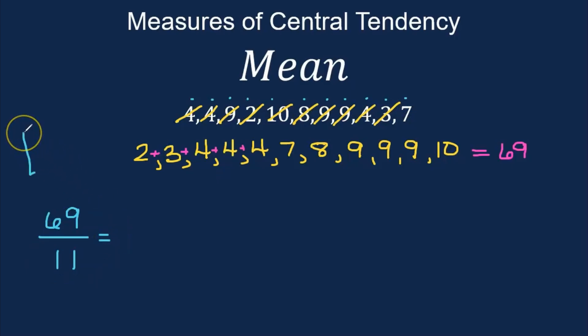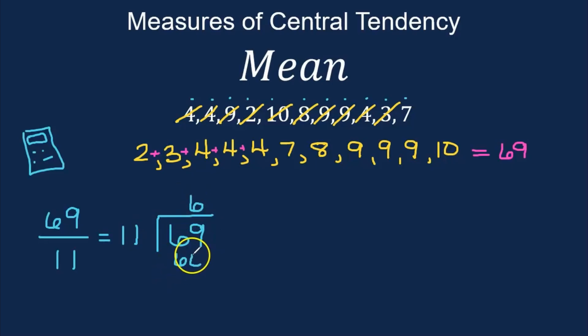Now this is the part where I would get my calculator out, but again, you can do long division, which would be 69 divided by 11. 11 goes into 69 6 times, because that is 66.